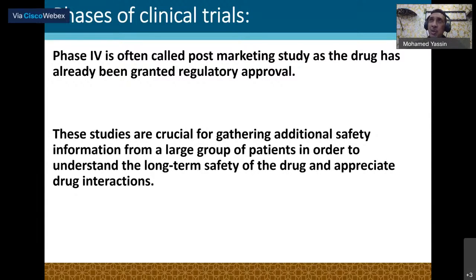So there is a difference between the patients in phase 3 and phase 2 and real life. So phase 4 is post-marketing. It means it tests the real life scenario for patients, and it also tests the long-term effects in those patients. Even after the approval, the drug has to be monitored and adverse events have to be reported. And this is very important because it can still make a lot of difference.